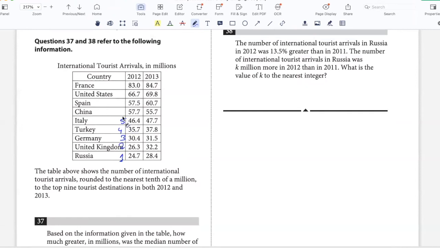Yeah, this is the fifth value. So this is the median for 2012. And 1, 2, 3, 4, 5. Yeah, this is the median. So the difference is 47.7 minus 46.4, which is 1.3.